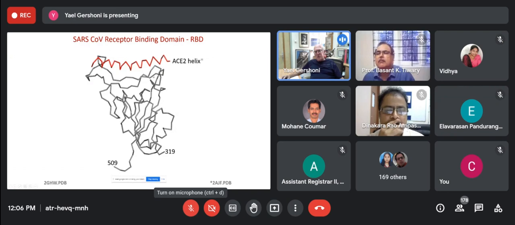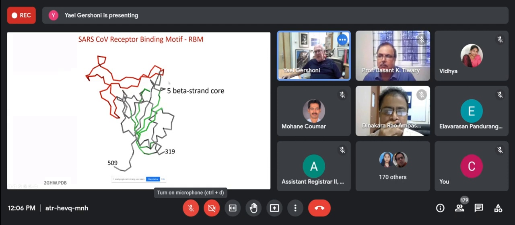And so the question is would it be possible in some fashion to produce a recombinant version of just the receptor binding motif? And so that's indicated here in red. And all attempts to do that had failed.